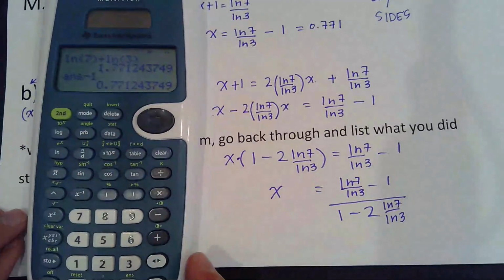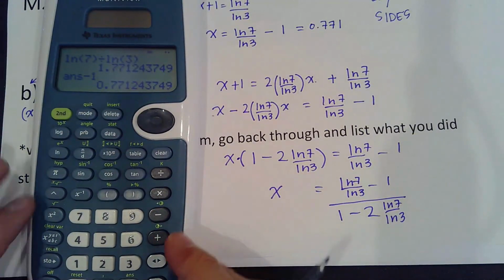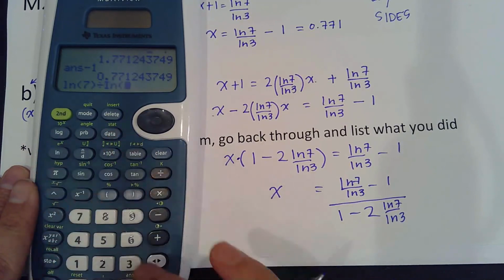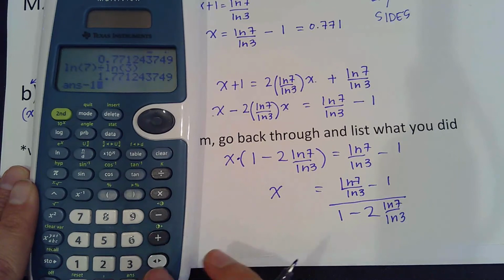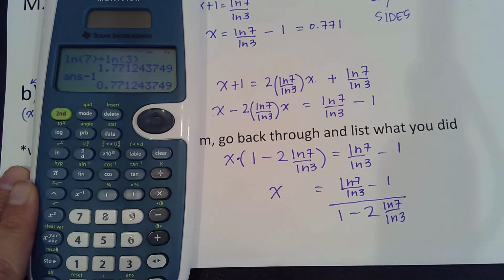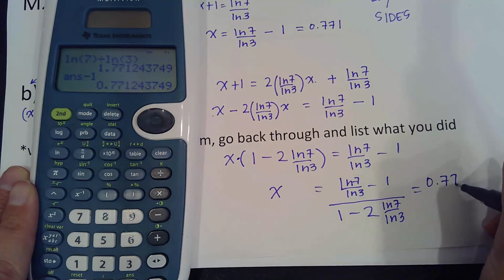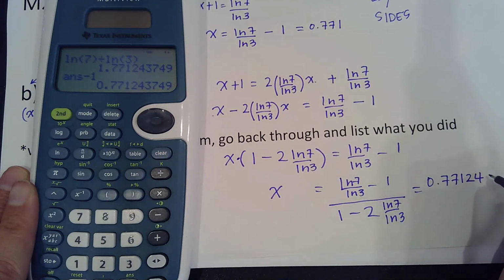And then I can put all that in my calculator. So natural log of 7 divided by natural log of 3, close that parentheses, minus 1. So I'm going to have 0.771243749 in the numerator. Just have something big up there.